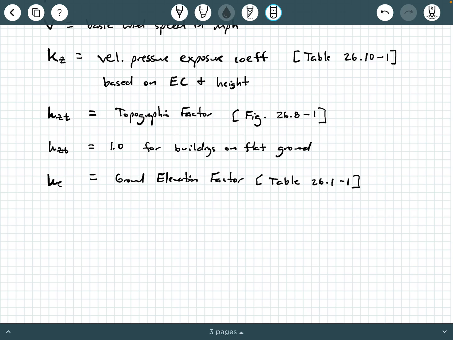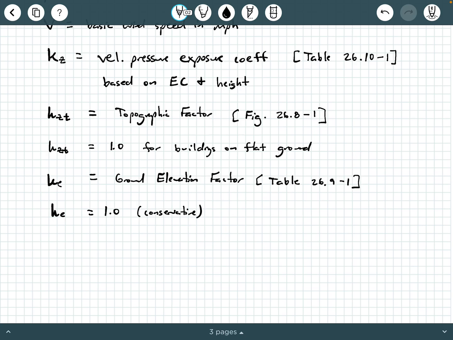Let me correct that. You see that the ground elevation factor is based on the elevation of your site above sea level. Now, there's a note right below the table, and also right above the table. It says you can take KE as 1 to be conservative.